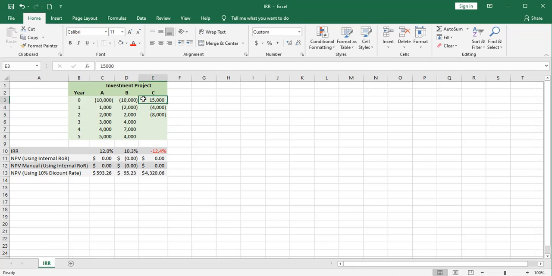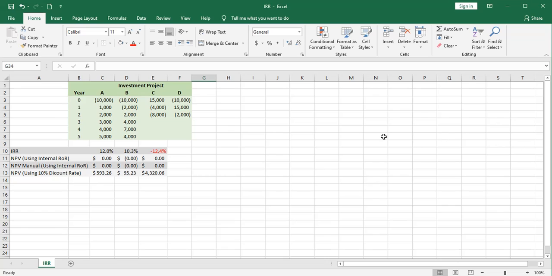It does not work when you have a positive to begin with followed by negatives. And if you think this is an opportunity to steer Excel in the right direction by using that guess option, let me enter a 15% there. Think again, because that doesn't seem to have any effect on it at all.